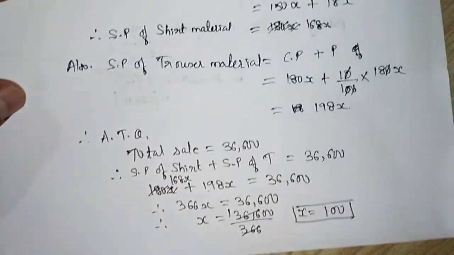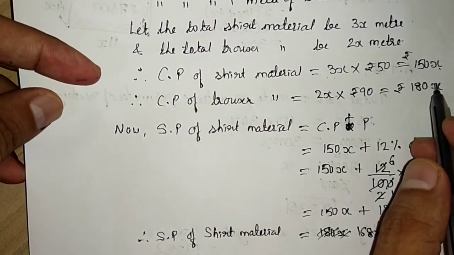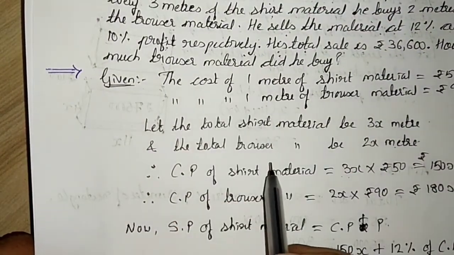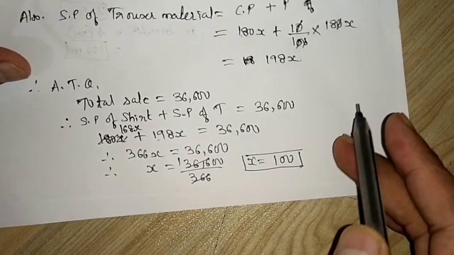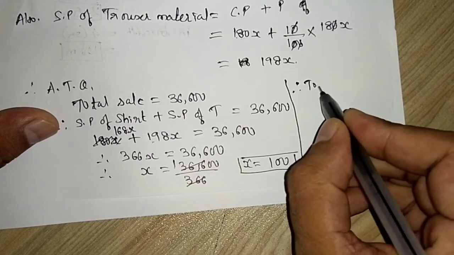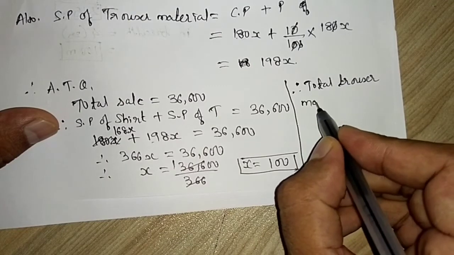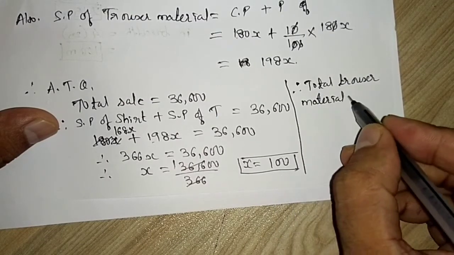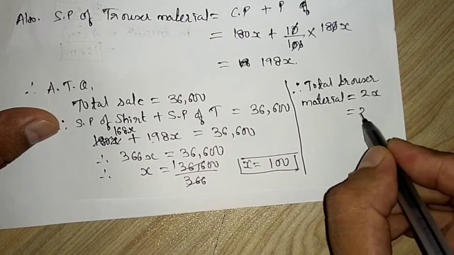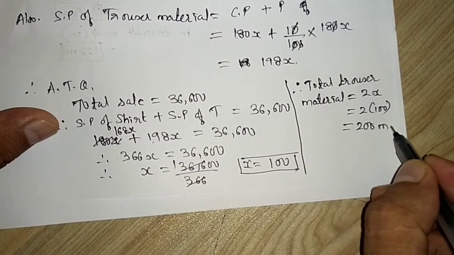If we put it in trouser material, we will get the total trouser material which he buys, and that is what we want to find out. So let us put it. Therefore total trouser material is equal to 2x, which is 2 into 100, equal to 200 meters.